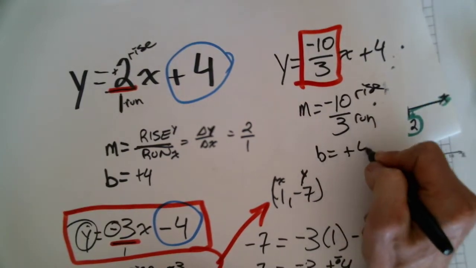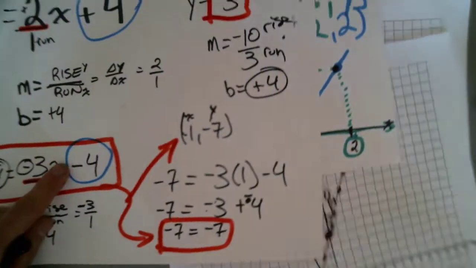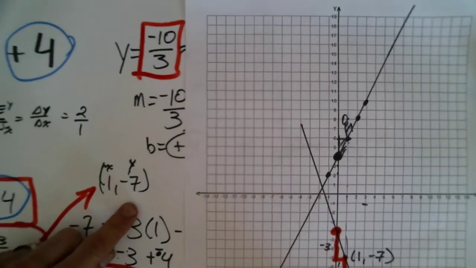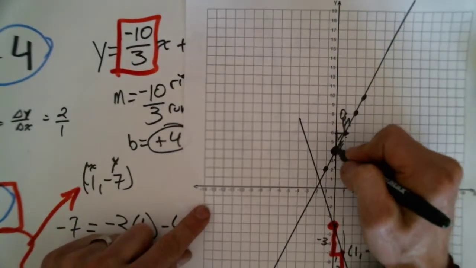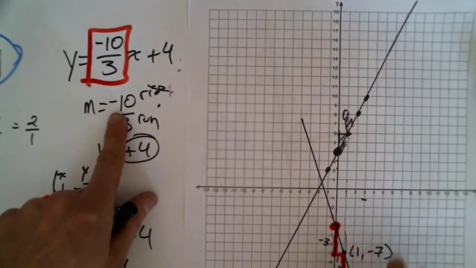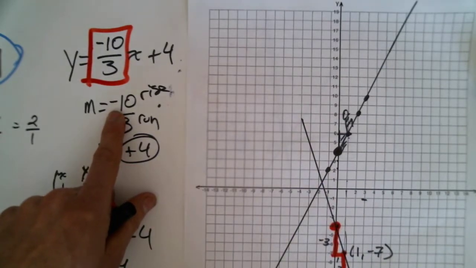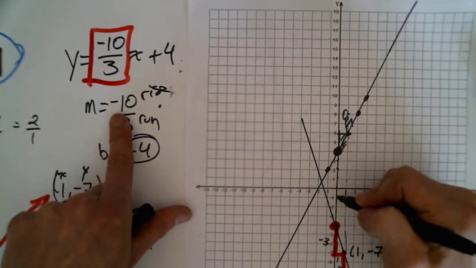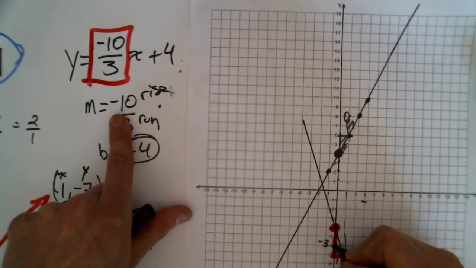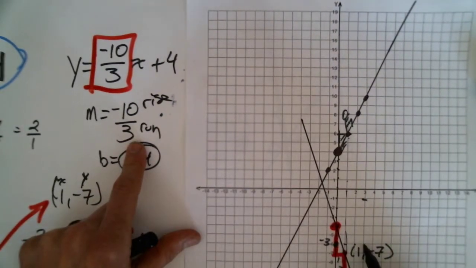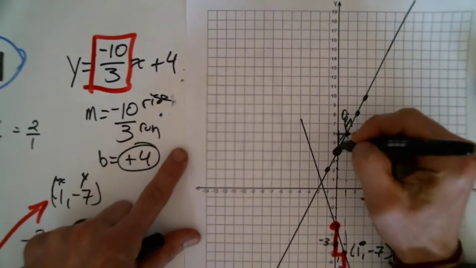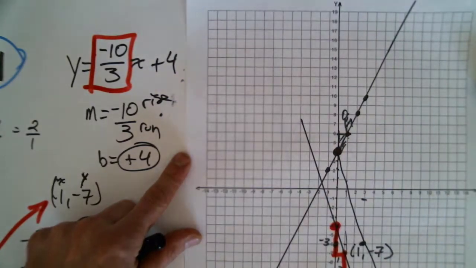B is going to be positive 4. Positive 4 is where? Right here. We've already used it. Am I going up or down? Negative 10. 1, 2, 3, 4, 5, 6, 7, 8, 9, 10. Then over 1, 2, 3. There's my first dot. There's my line.